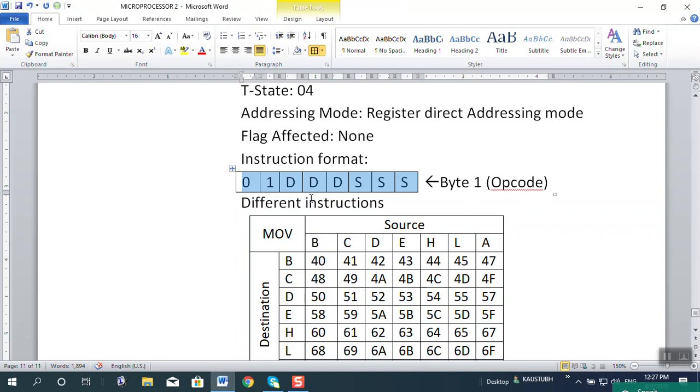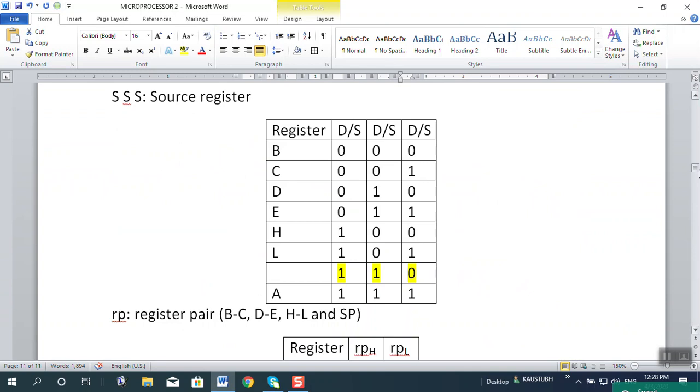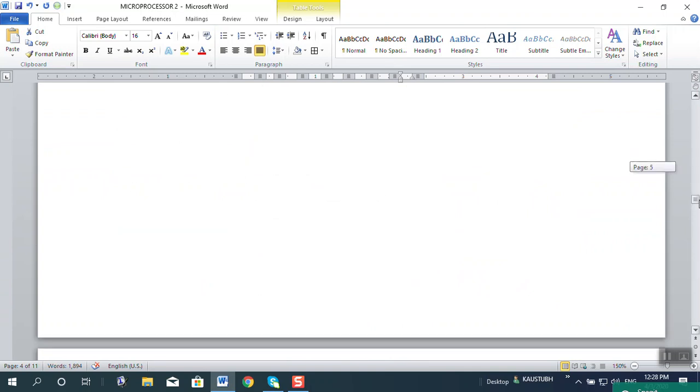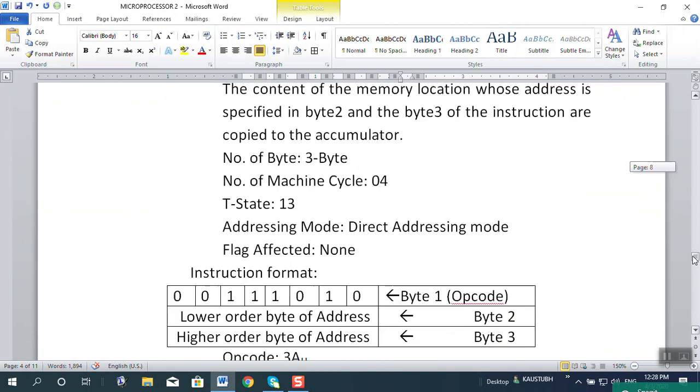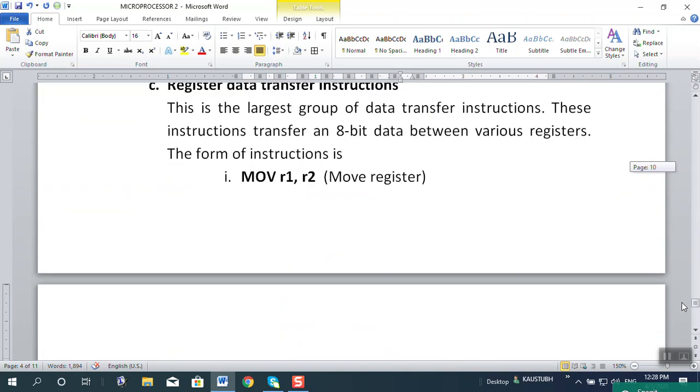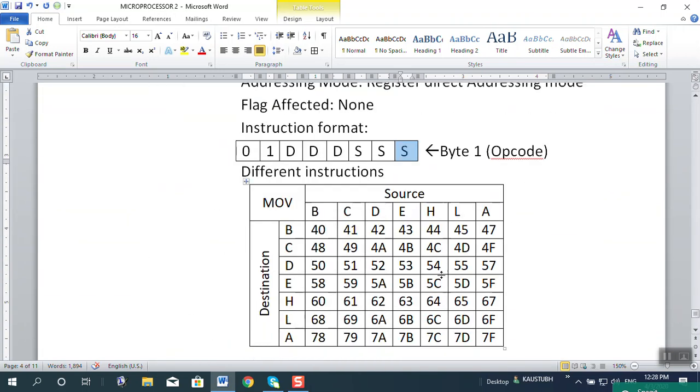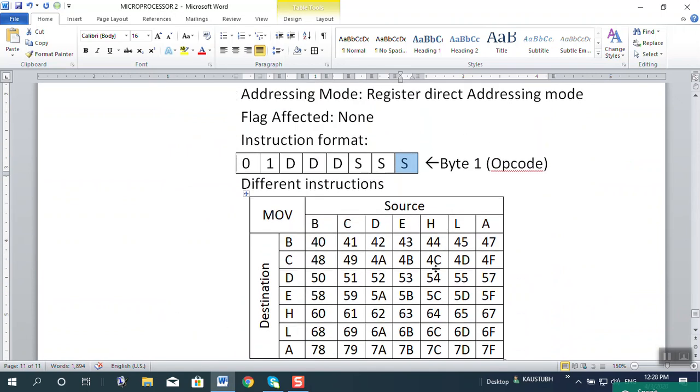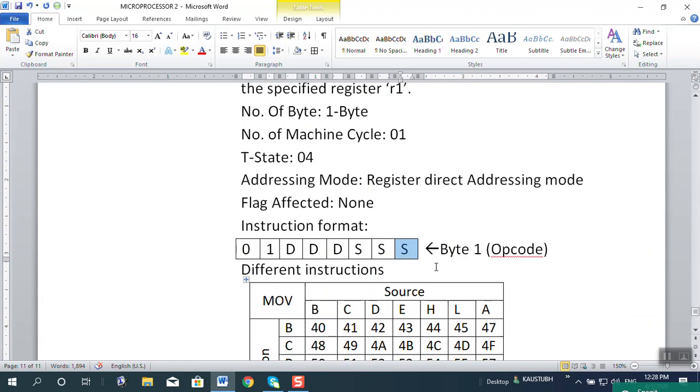As you see here, the instruction format is only 1 byte. This is the opcode only: 0, 1, DDD, SSS, where DDD stands for the destination and SSS stands for the source, and it follows this truth table. Accordingly there are 49 instructions.